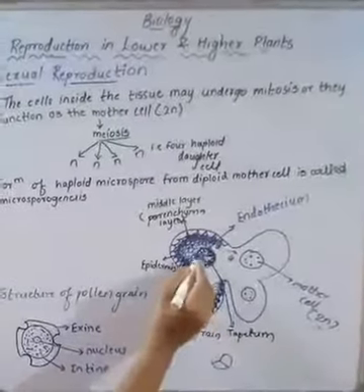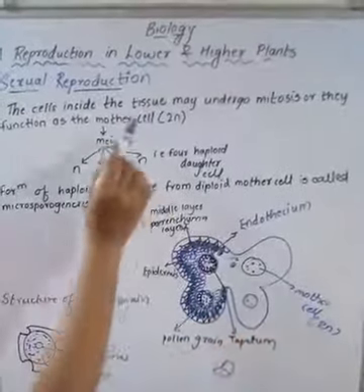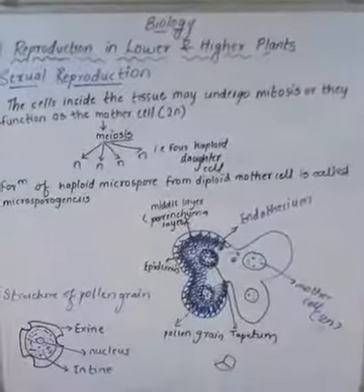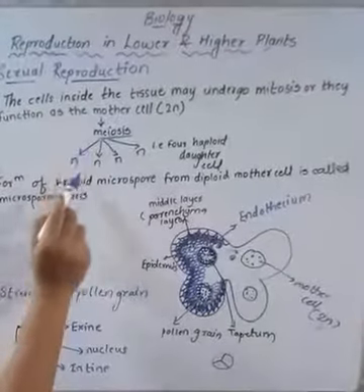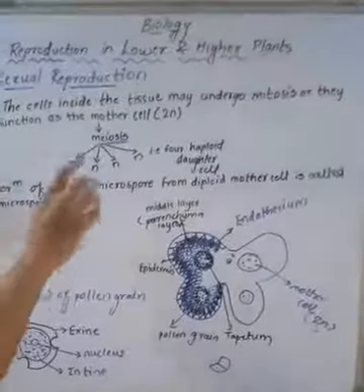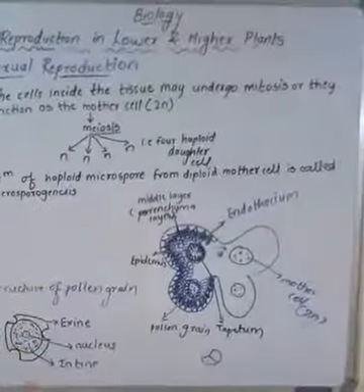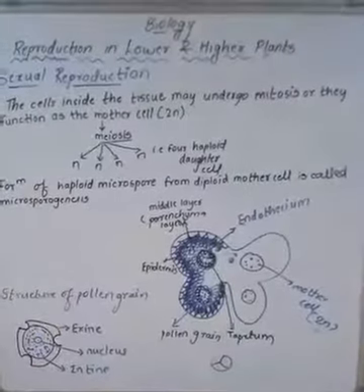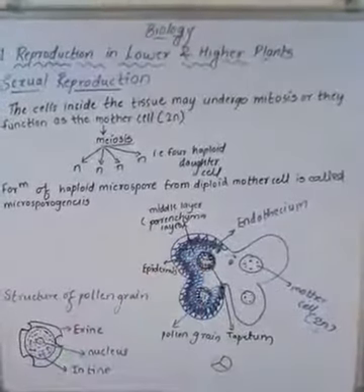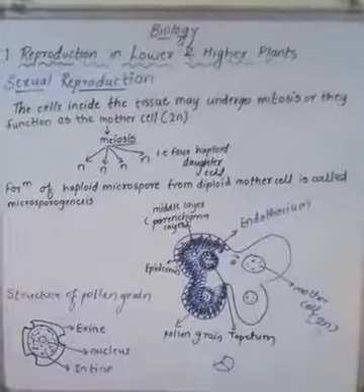So what happens is, the tight cell in the second layer, during the time of maturity, gets converted into the mother cell, and the mother cell undergoes the process called meiosis, and during this process of meiosis we get the 4 haploid daughter cells. Sometimes the mother cell is diploid naturally, but if it is not, the cell first undergoes the process of mitosis and gets converted into 2N, diploid.